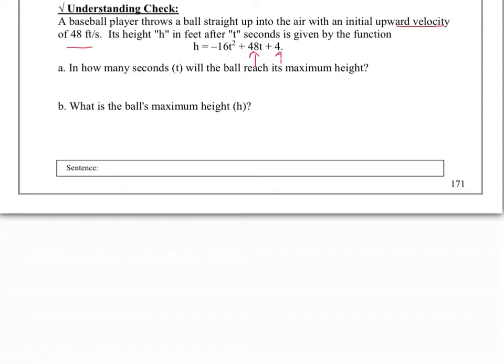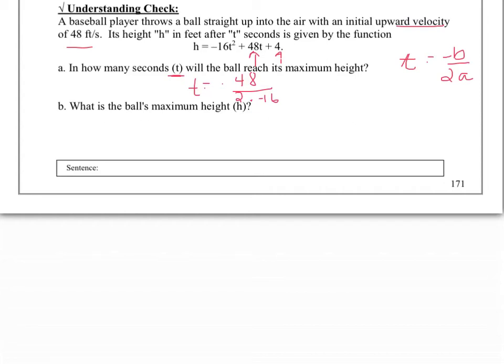The first thing we need to figure out is in how many seconds the ball will reach its maximum height. In this case, t is like our x, what we want to solve for. To find the axis of symmetry, we can use our formula of negative b over 2a. t is equal to negative 48, negative b, over 2 times a, 2 times negative 16.